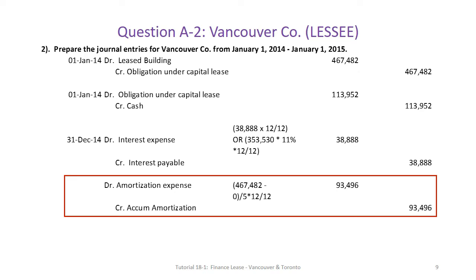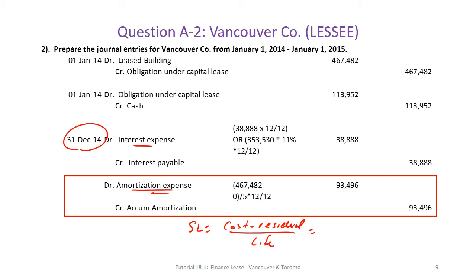Then also at the end of the first year, not only do we have interest expense, but we have amortization expense. To calculate our amortization, you may remember straight line amortization is cost minus residual over life.